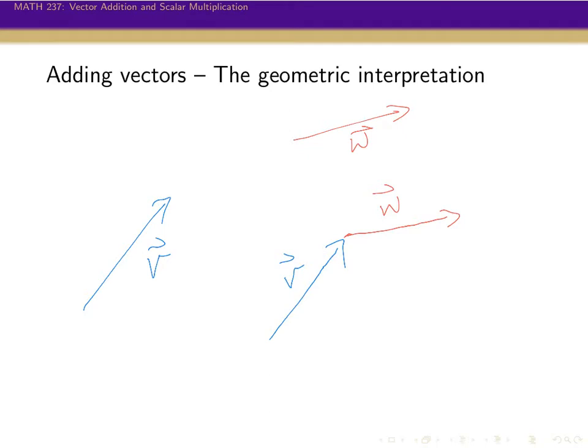If I start at this point here, and then go along V and then go along W, I end up at this point here. And so that allows me to draw a new vector that goes from the starting point of V to the end point of W, and this is what we're going to call V plus W. And so that's what vector addition is.